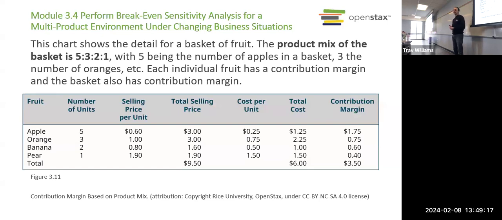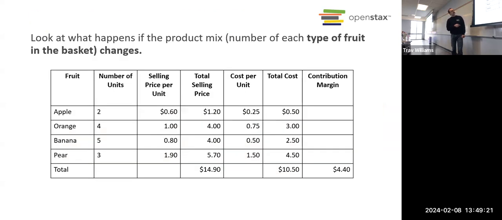Okay? But sticking with this fruit basket scenario, if they rearranged and said, okay, we're going to put 5 bananas, 4 oranges, etc., by changing the quantity of each product type, is that going to change the numbers? Yeah, because each product had its own selling price and its own variable costs, right?